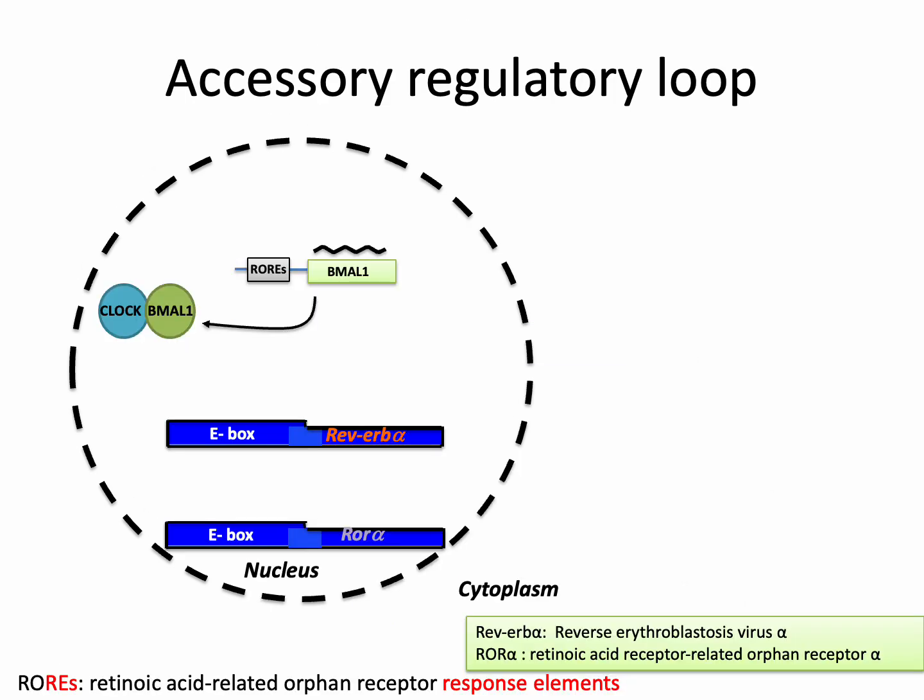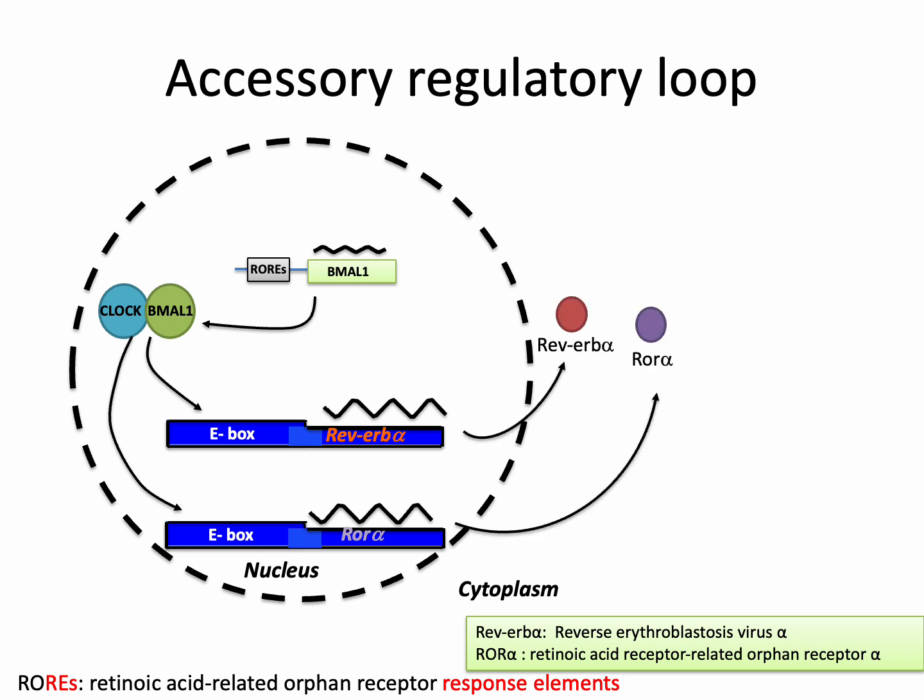Another regulatory loop is induced by CLOCK-BMAL1 heterodimers, activating transcription of two orphan nuclear receptors. CLOCK-BMAL1 activates transcription of both REV-ERB and ROR, or retinoic acid receptor-related orphan receptor alpha, and these two transcribed proteins, ROR alpha and REV-ERB alpha, regulate BMAL1 activity.